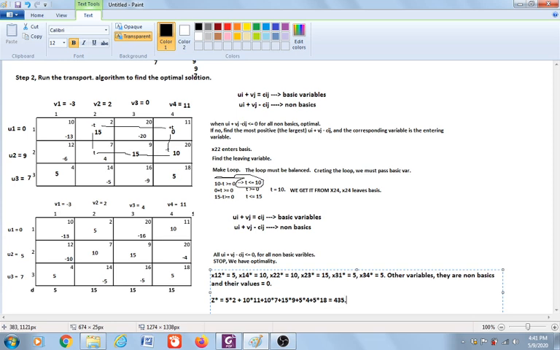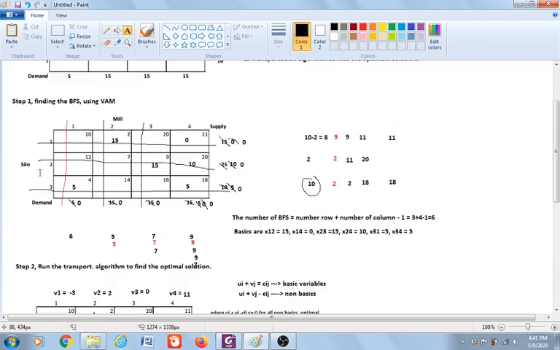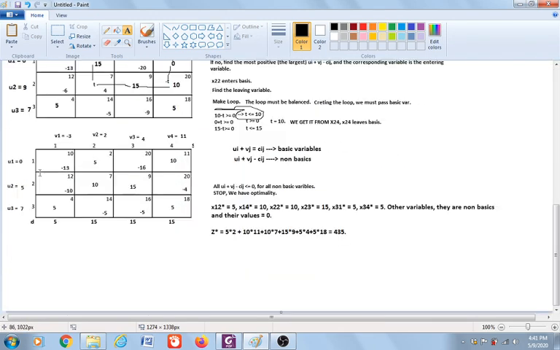Is that 435? Yeah, that is 435. Okay, so what is the conclusion? The conclusion is that we need to send 5 truck loads from silo number 1 to mill number 2.